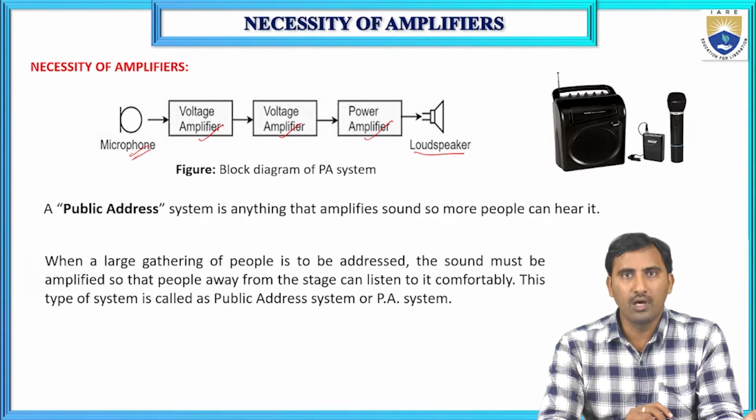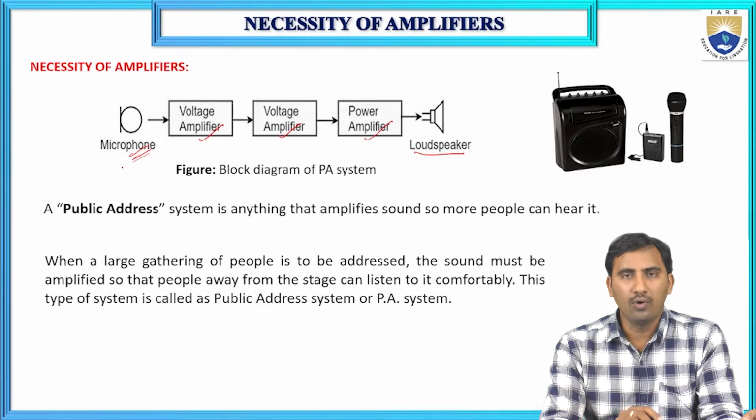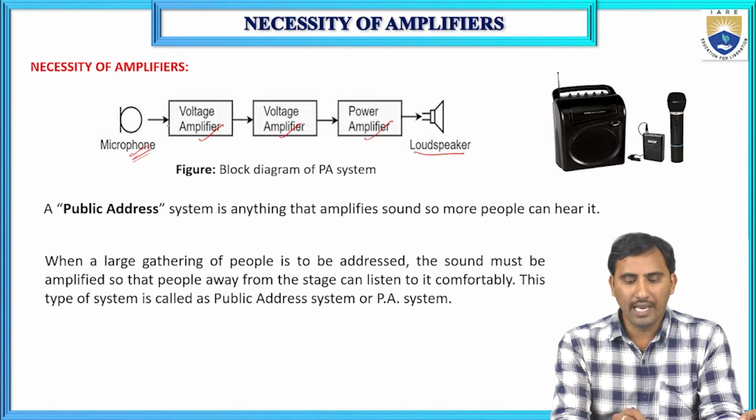So here, if you come to the operation, initially we are using a microphone. The microphone converts the voice signals into electrical signals. After that, the electrical signals we are applying to a voltage amplifier.